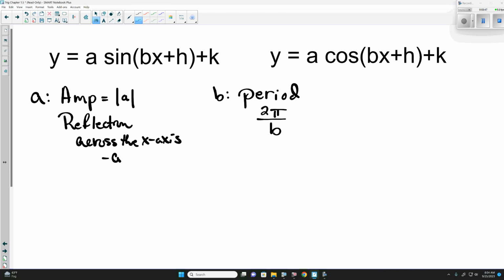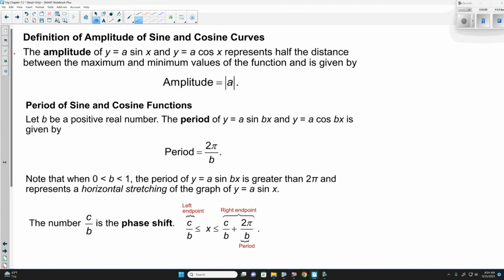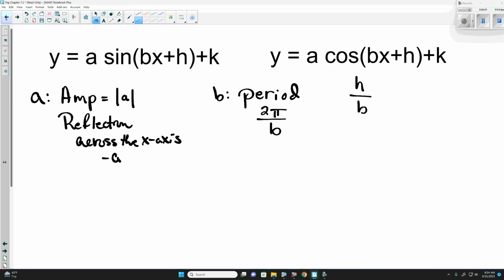Now the H value, well, we actually are going to say H over B in the general form case, and what they tell us here, they call it C, is going to be the phase shift.